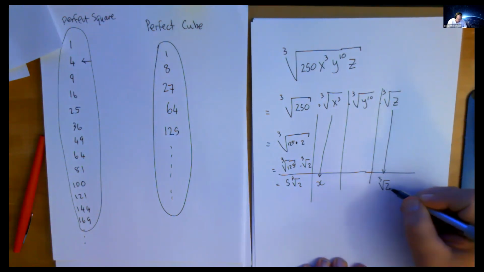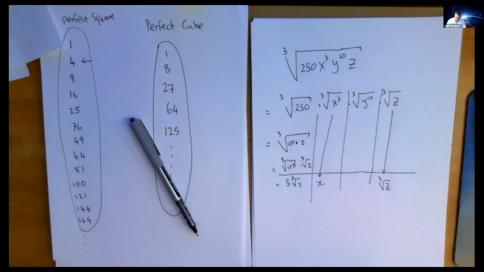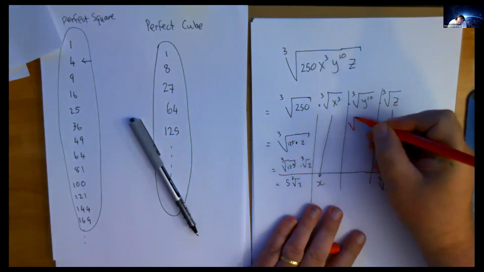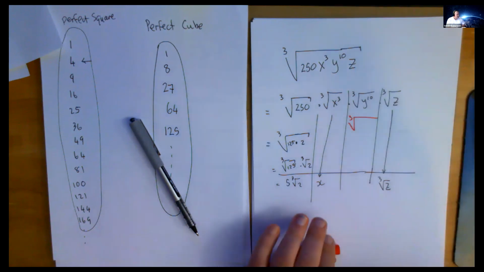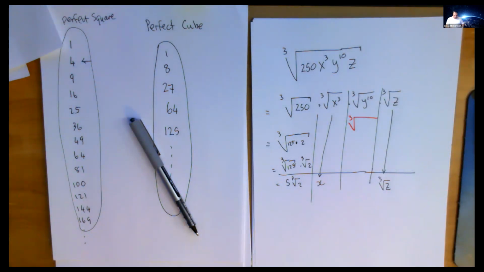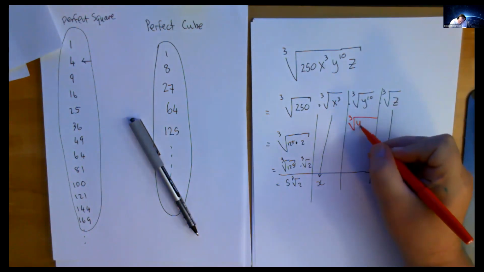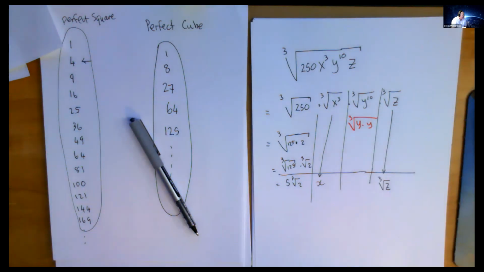So I kept the guy that's going to cause us the most trouble. What I think is going to cause us the most trouble is y to the 10. Now you've got to split it as a power of y times another power, right? And remember, when you multiply powers together, you add the exponents, right? So how am I going to split y to the 10?